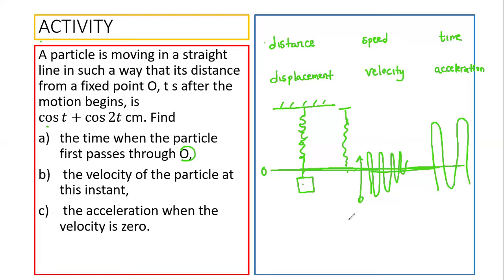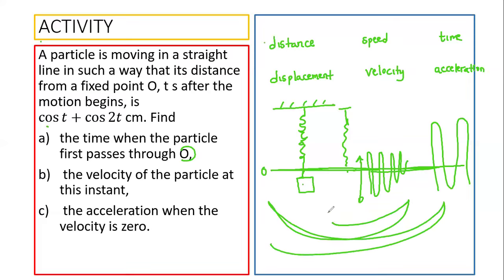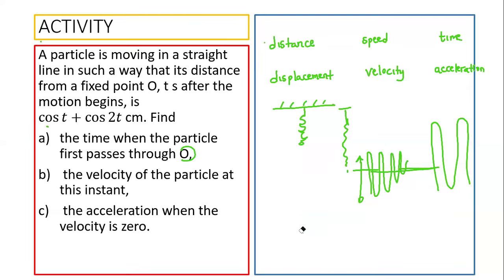In case I'm letting it swing, this is the point where you start pulling from, let me say where you have pushed the person from. It goes and then it comes back. So the question is asking, what was the time when the particle first passed the point where you started swinging from? That's what we are going to be looking at.